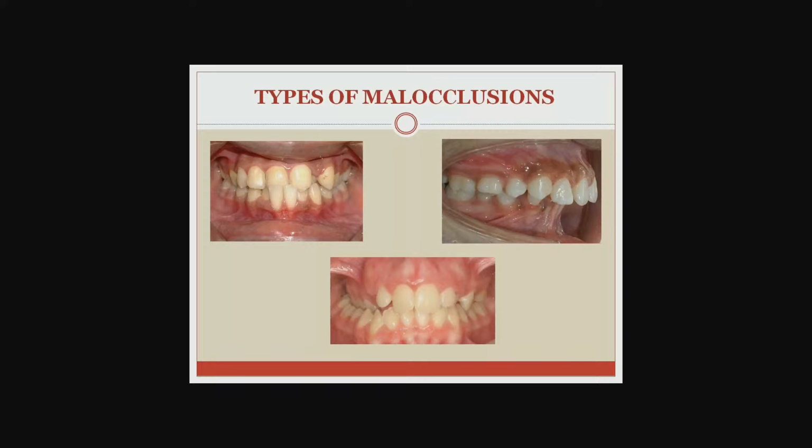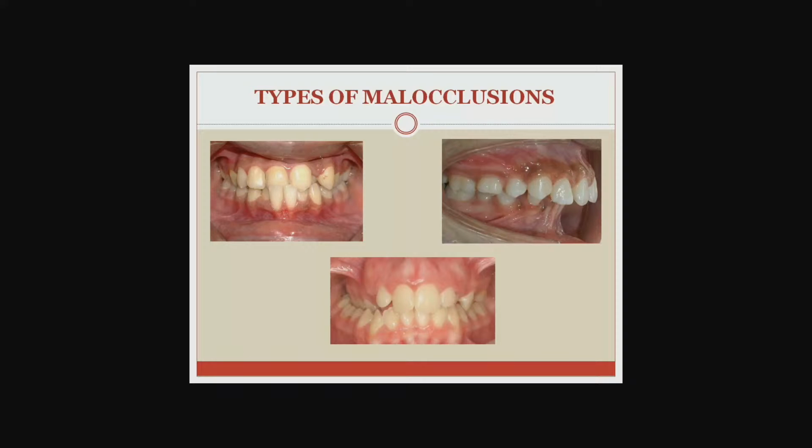This is known as cross bite. This may be in the front region or the back region. When it is restricted to the premolar and molar region, we term this a posterior cross bite. When it is restricted to incisors and canines, we term it an anterior cross bite.